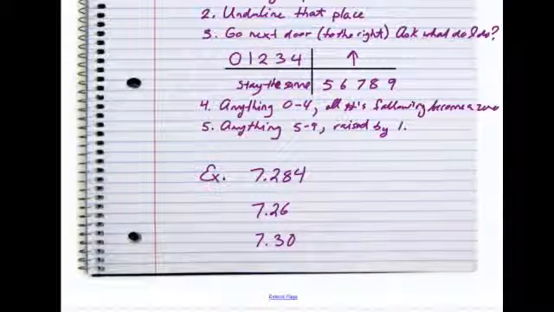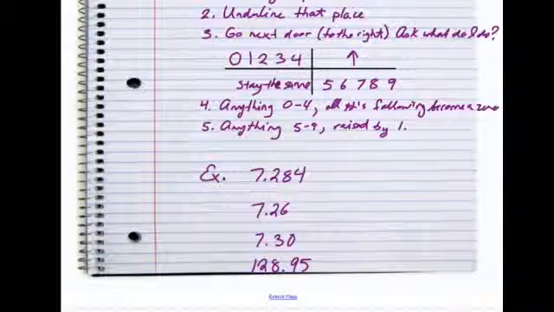And 128 and 95 hundredths. I'm going to round my decimals to different place values. So first I'll round to the tenths, then to the tenths, then to the whole number, and then to, let's do the tenths.